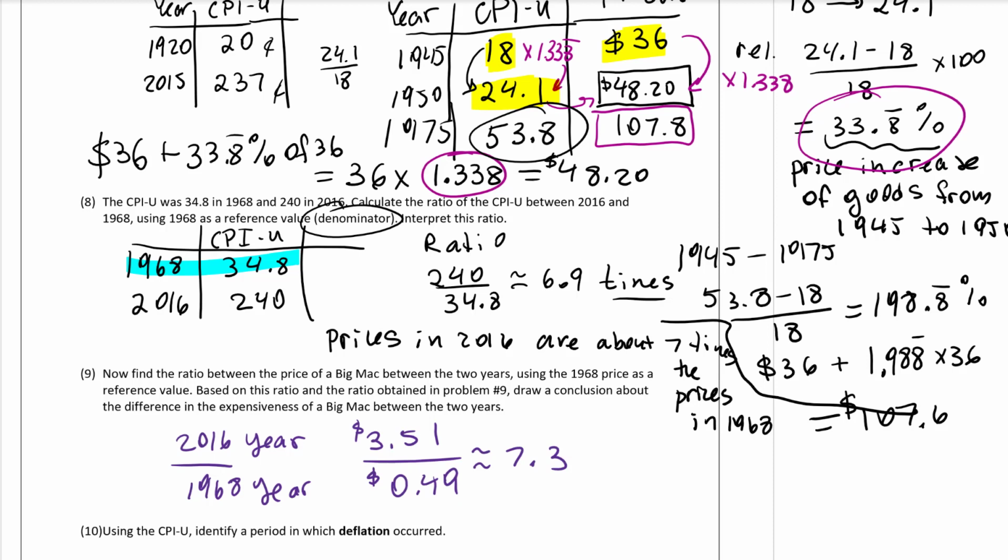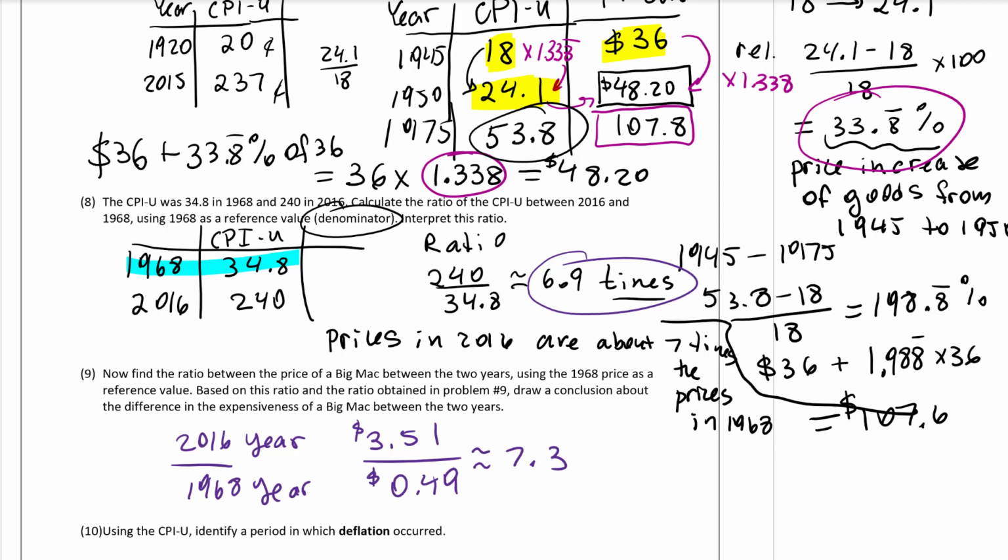Well, what would you say? How does that compare to the overall inflation? What do you think? Has the price of the Big Mac really increased by a significant amount? You can write a statement.